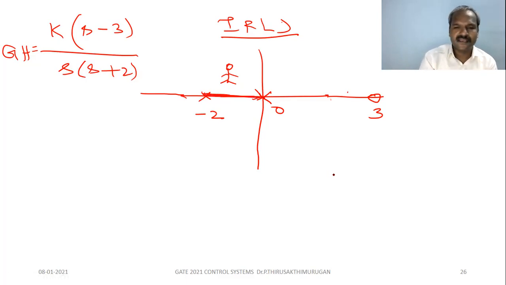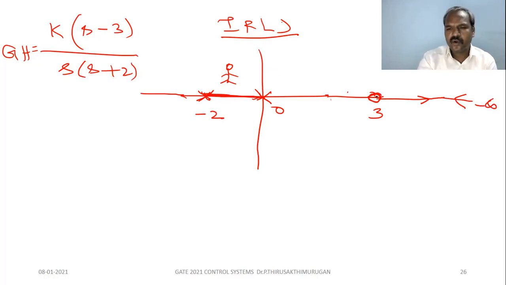So there is a branch here. As per the norms, from the pole one branch goes towards this side, and another branch from minus infinity approaches here.